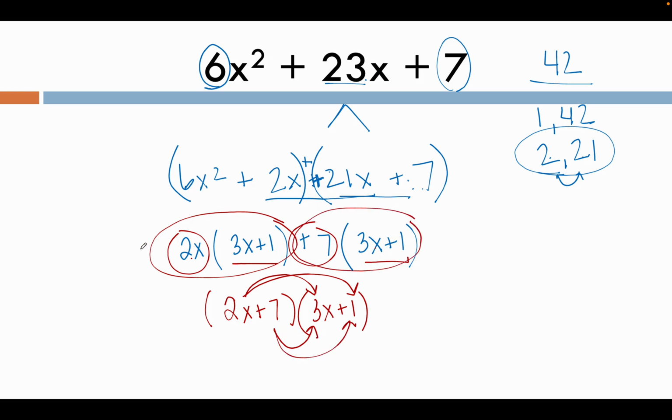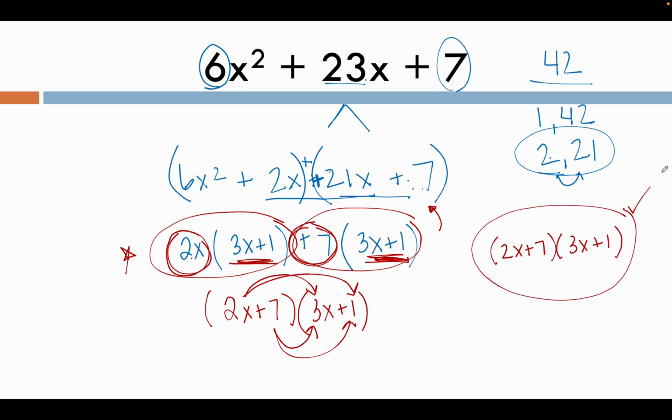So once I get to this step, first check to make sure that these quantities are identical. If they're not, you made a mistake somewhere up above and you need to make an adjustment. Then you take the 2x and the plus 7 and group those into one quantity and multiply that times the shared quantity that they are both being multiplied by, which is 3x plus 1, and that is our answer.